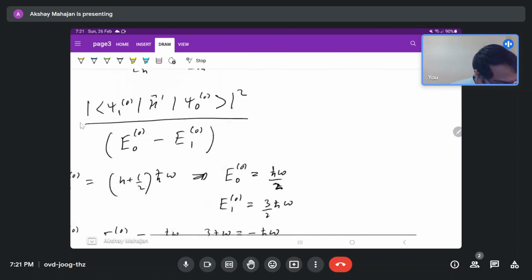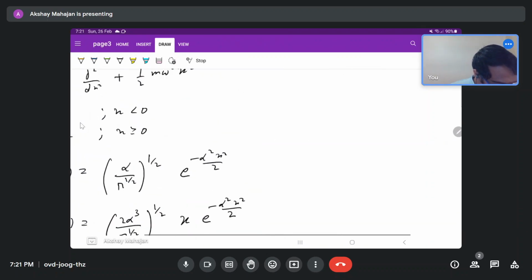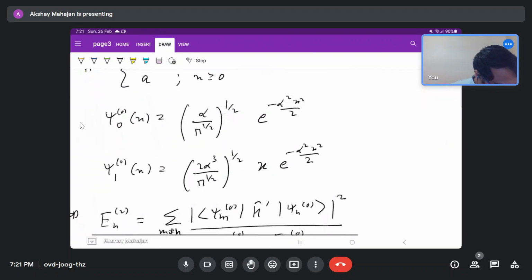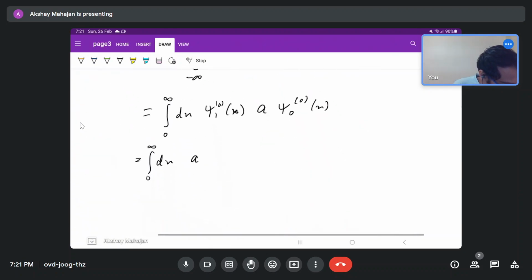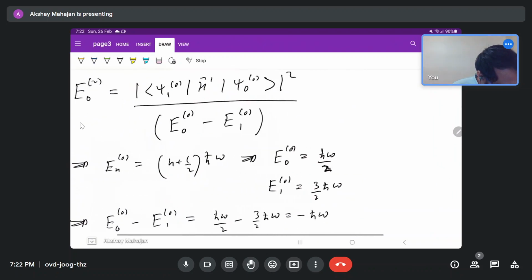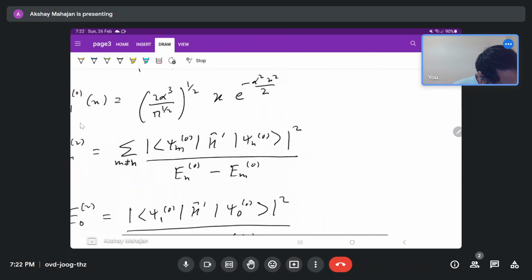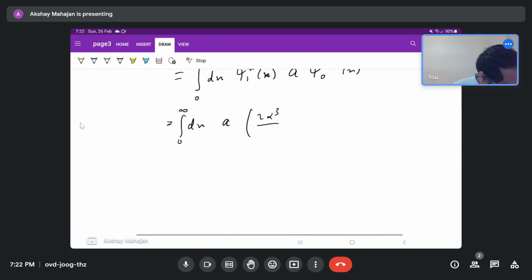Now psi 1 of 0 of x, we can write that as 2 alpha cube upon pi to the power 1 by 2.